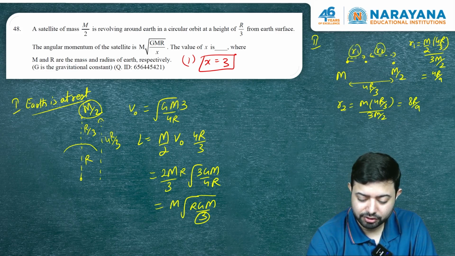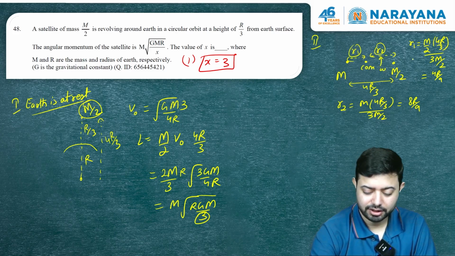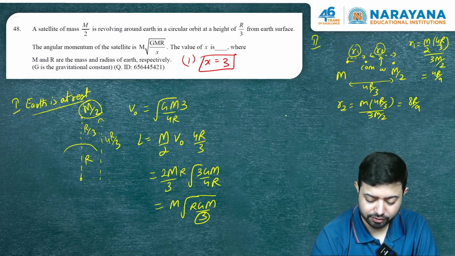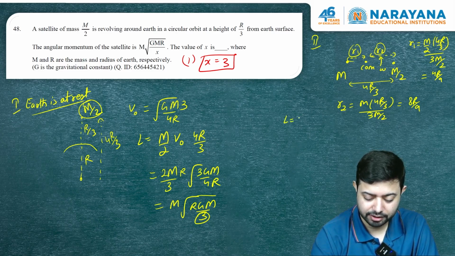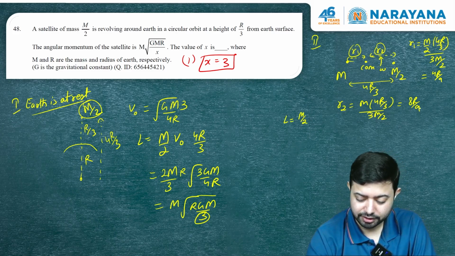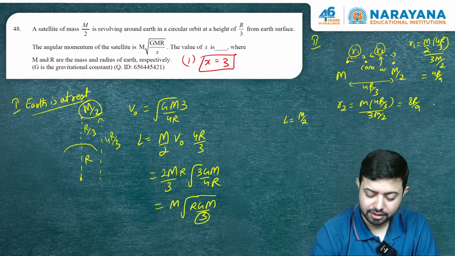Now, they are moving around the center of mass with some omega like this, correct. And how do you write the angular momentum in that scenario? It is I omega. What is the mass? m by 2. The distance is r2, and r2 is how much? r2 is given over here as 8r by 9.